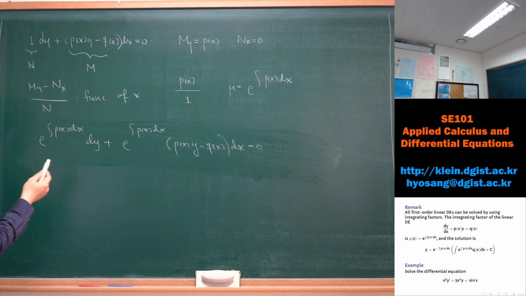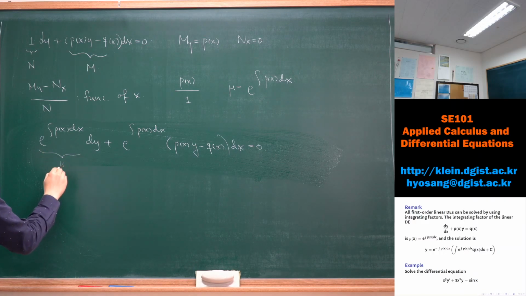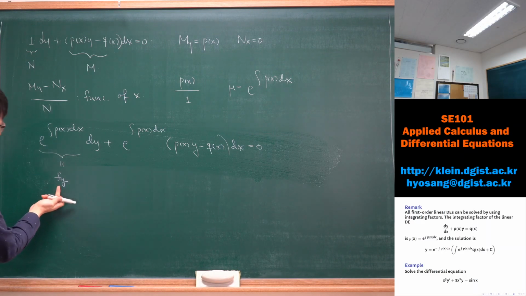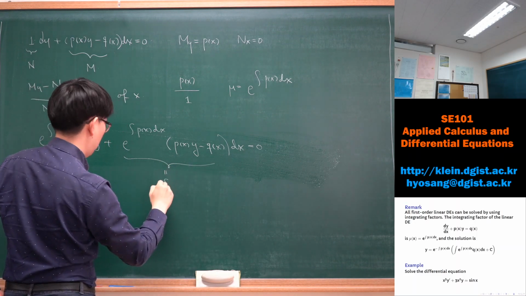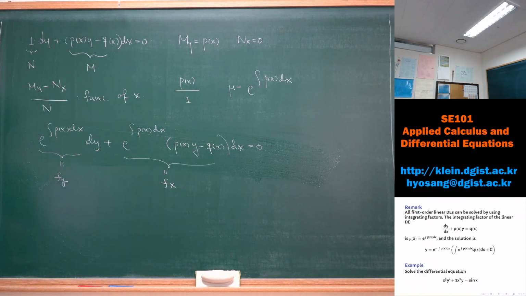I want to find a function f such that this part becomes fy, which is, if you remember, a partial differential equation of a two variable function f in terms of y, and also I want this to be fx. So let's start from the easy part.